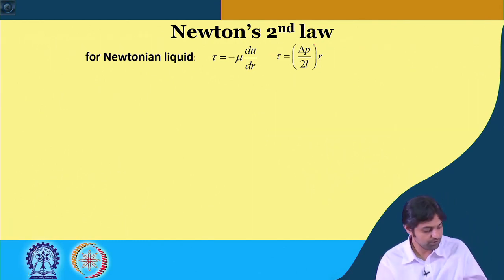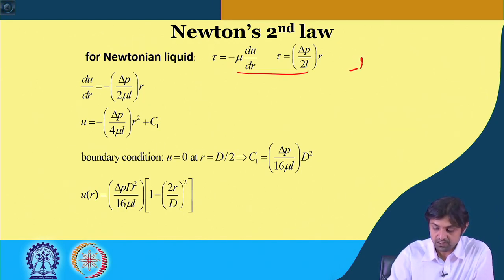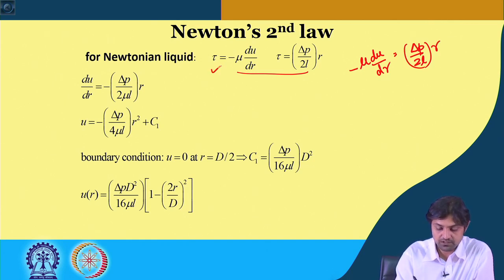So, taking both together, we equate these two and this becomes minus mu du dr is equal to delta P by 2L into R. So, we equate this one and this one. All right.